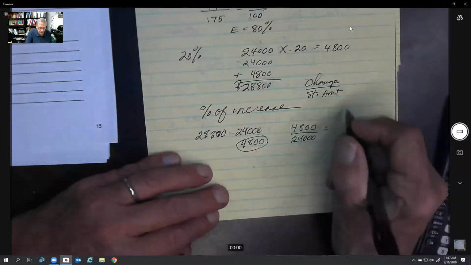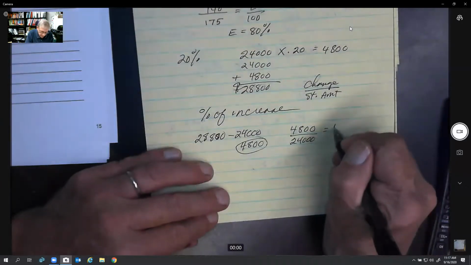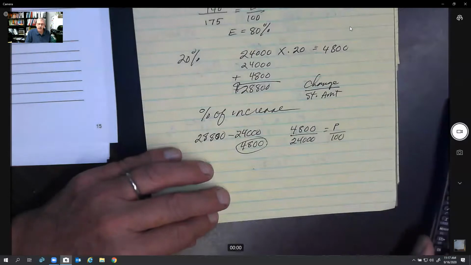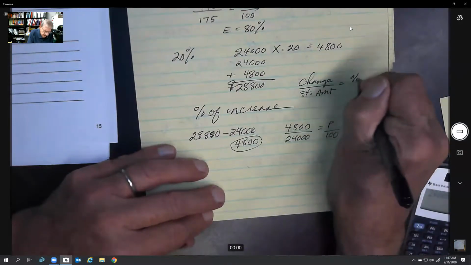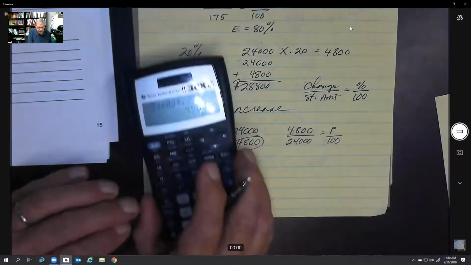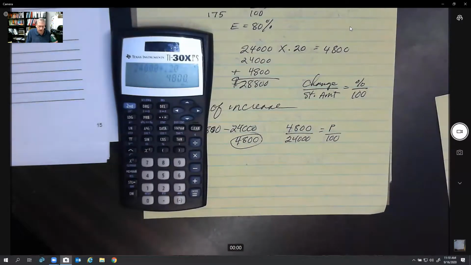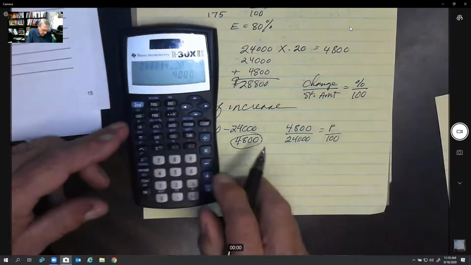It's equal to the, you could change it, but maybe it might be easier to do the percent over 100. Change over the starting amount equals the percent over 100. And this would give you the percent of increase. You can do it for a decrease if it went down, but you always put it over the starting amount.